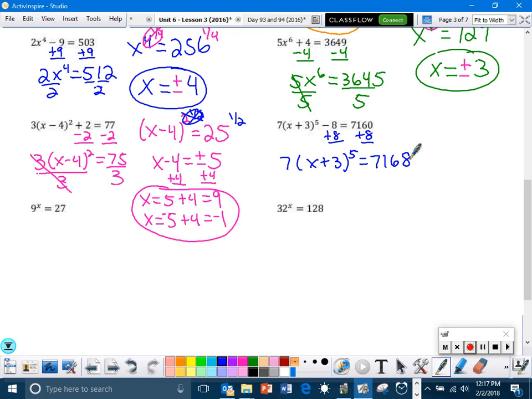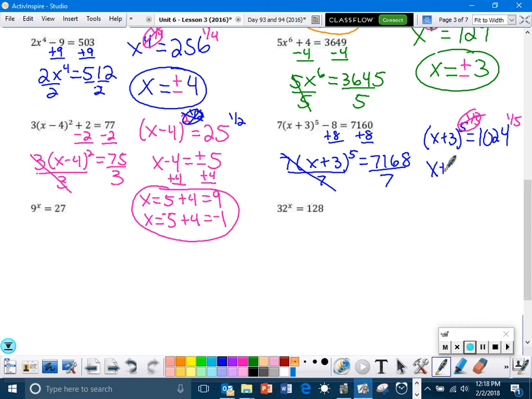Then I'm going to divide by 7. Now I've got to get rid of the 5, so I'm going to use the 1/5 power. 5 and 1/5 cancel.